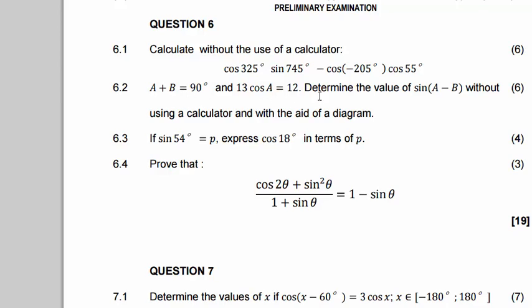Here they ask us to determine sine(A minus B). So what would this one be? Sine A cos B minus cos A sine B. So without your formula sheet, you've just saved yourself, what, 30 seconds finding it on that formula sheet and having to write it down correctly.